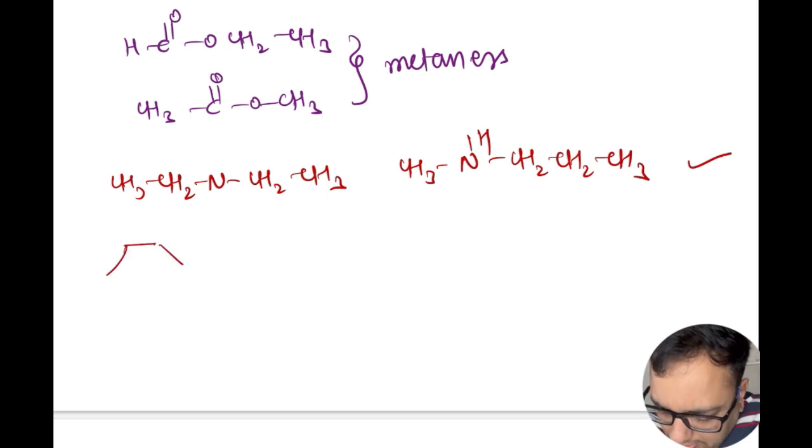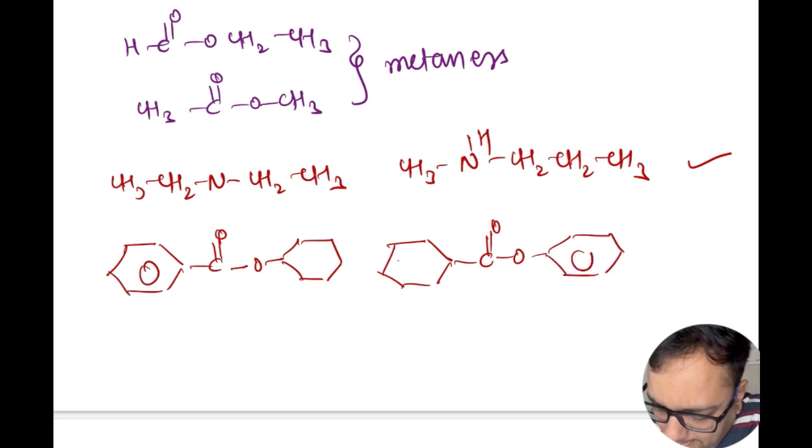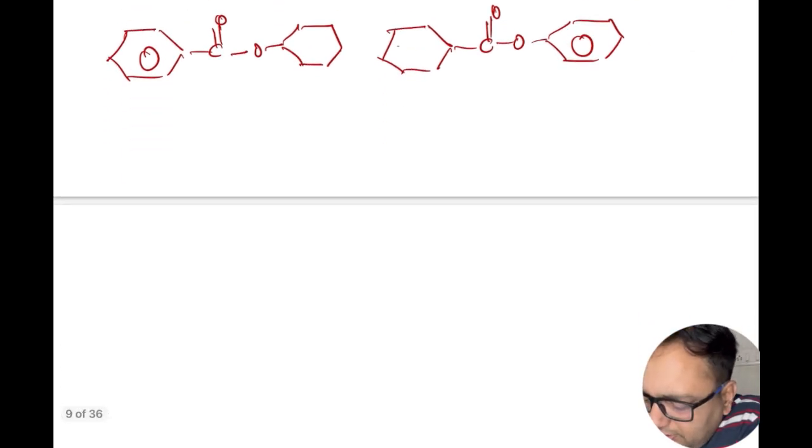This is also a metamer if you have this compound. You don't need to know the name. It could be a hypothetical compound also. Not every compound variety in organic chemistry, especially in GOC or nomenclature, may exist.